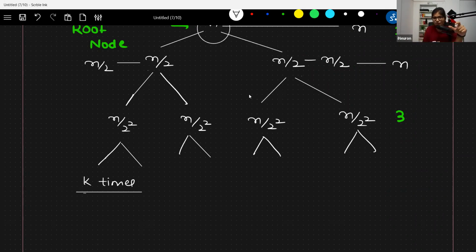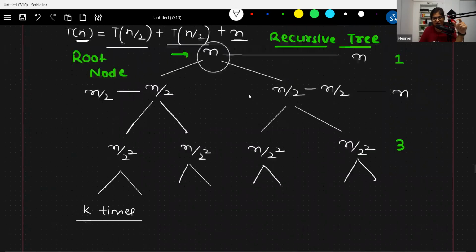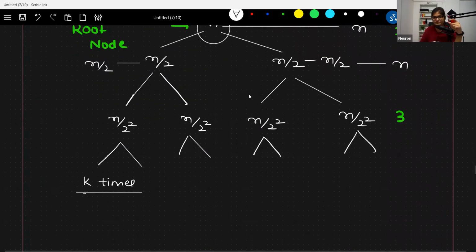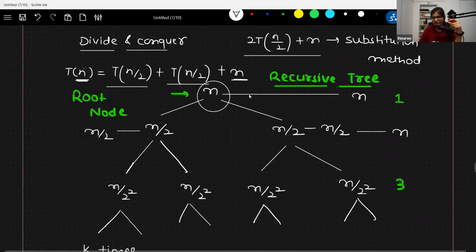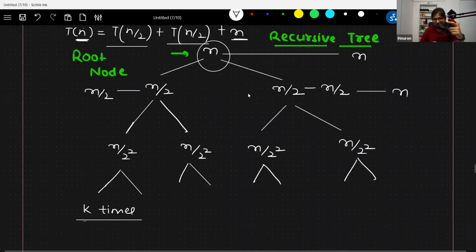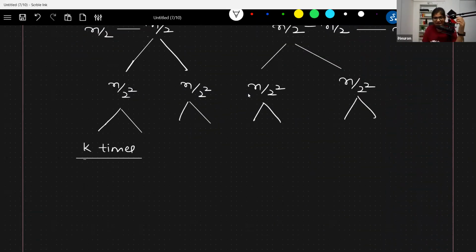At every step, if you observe, this is the first time we are doing a split into n by 2, n by 2. The second time, n by 2 to the power 2, n by 2 to the power 2. If you repeat the same task for the left side k times, you will get n by 2 to the power k. And you will keep repeating this task until you reach a solution which is equal to 1.